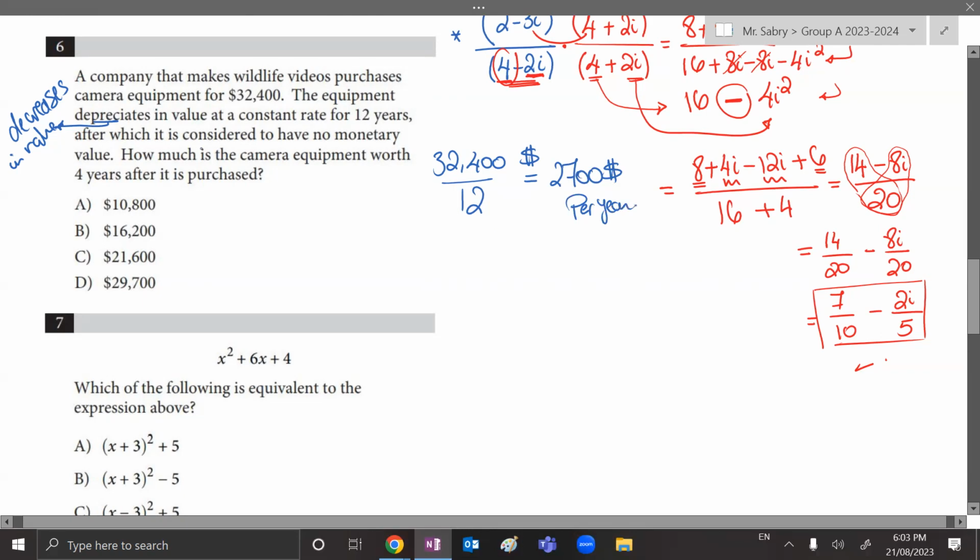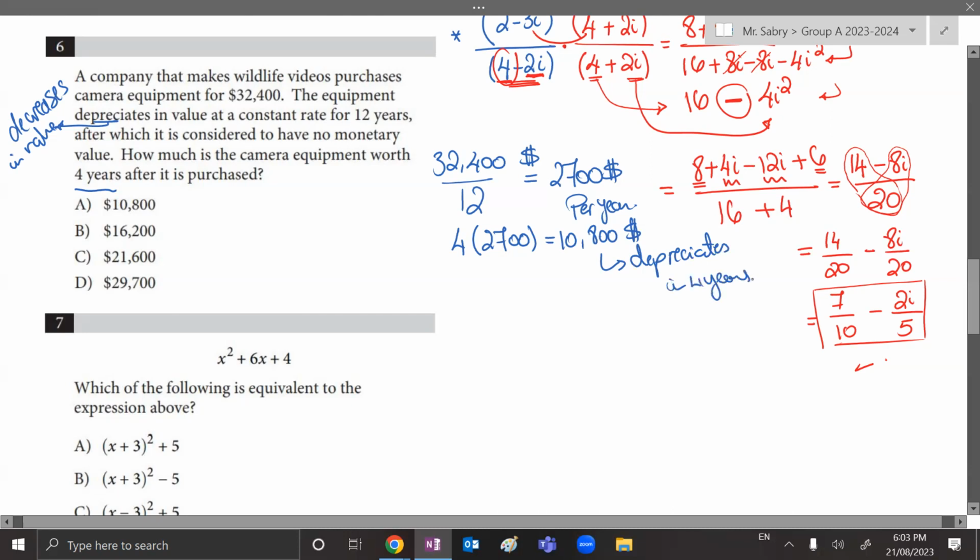It's asking for the price of this camera equipment 4 years after it's purchased. So now I'm going to multiply the 4, because it's depreciating for 4 years, by 2,700. And that should get me 10,800. This is the amount it depreciates in 4 years. So it's not the value.